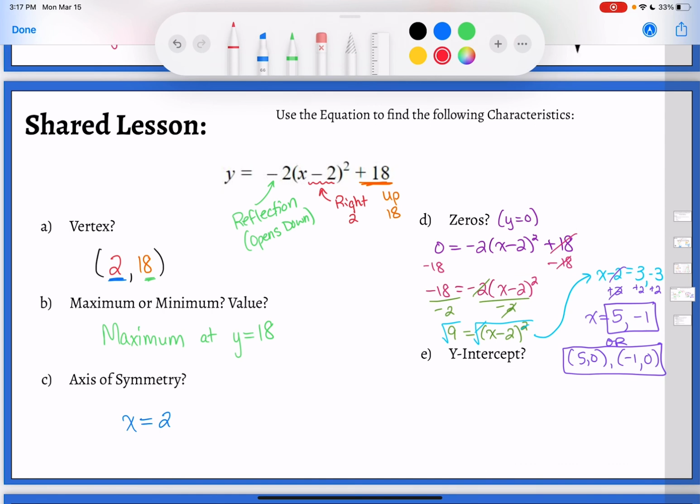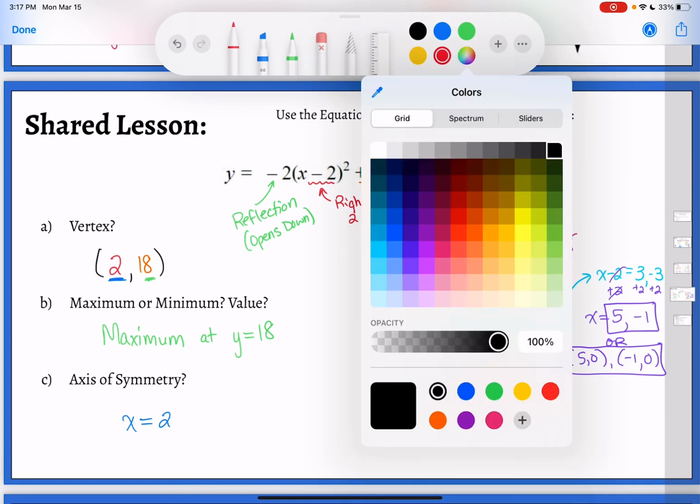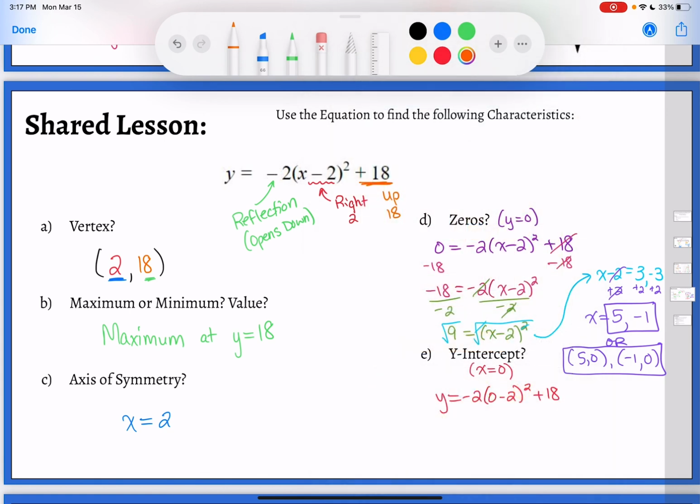All right, now the y-intercept is when x equals 0. That's when I cross the y-axis, right? So I take my equation and I keep the y this time, but I plug in 0 for x. And now I just solve using my order of operations. So let's see, I've got y equals -2 times (0 - 2), which is -2, squared, plus 18.